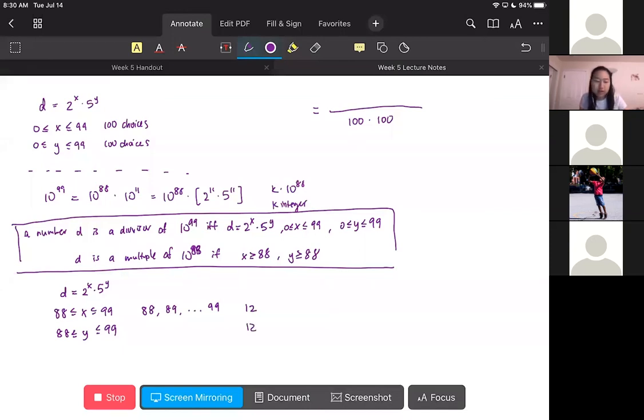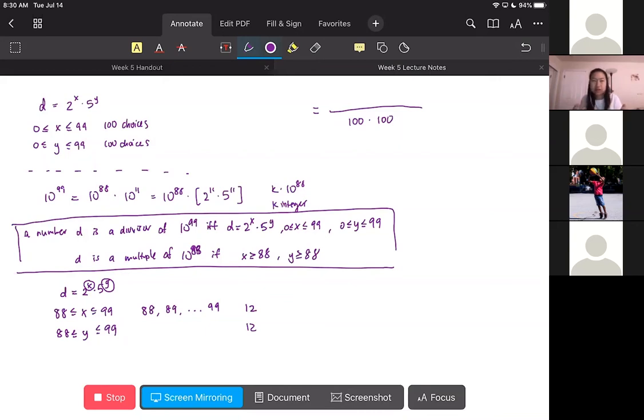And then how do we count how many total combinations there are? Wouldn't that be 144? 12 times 12. Yeah, it's going to be 12 times 12. There are 12 possibilities for x and 12 possibilities for y, so the total number of possibilities for the form 2 to the x times 5 to the y is 12 times 12.